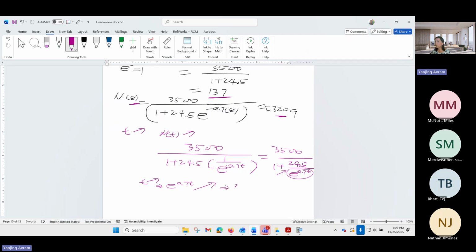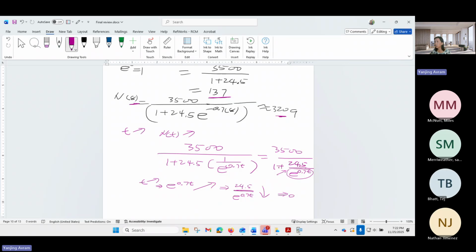And 24.5 over e to the 0.7t: this denominator increases, my numerator is the same. So this whole thing will decrease. All right, decrease to what? This will decrease to almost 0. It won't be 0, but when t increases a lot, this is going to decrease a lot.